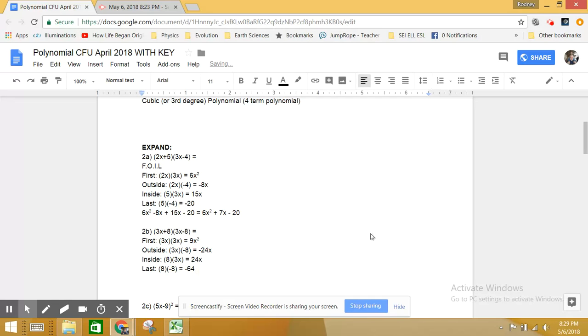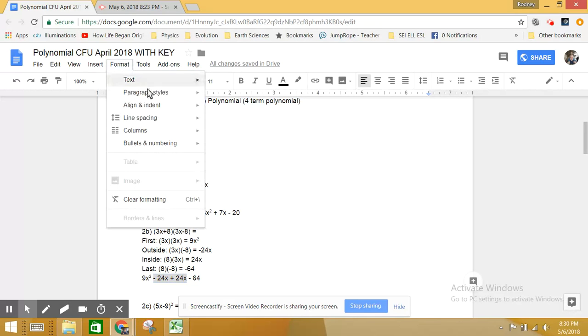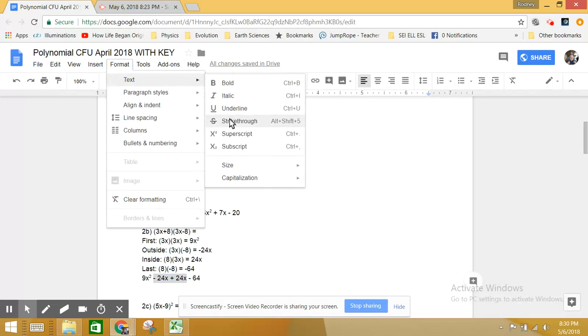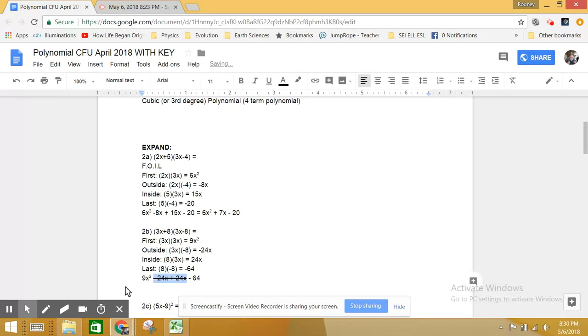So when I put all of that together, I've got 9x squared minus 24x plus 24x minus 64. And that middle stuff is going to go away. I'm going to do a strike through on that so you can make the point. Boom, it's gone. And I'm left with 9x squared minus 64.